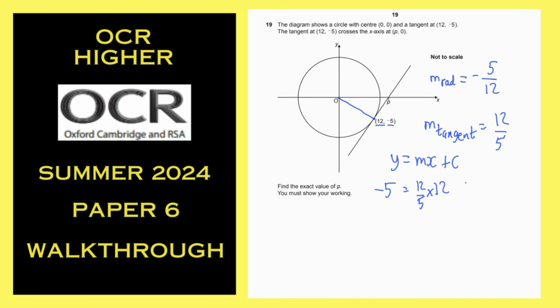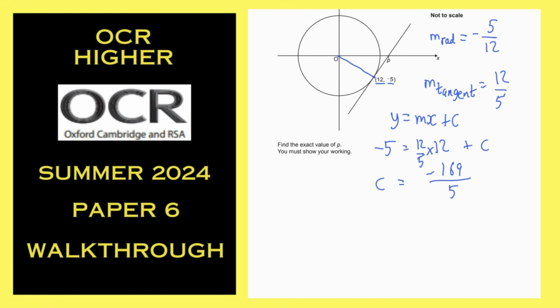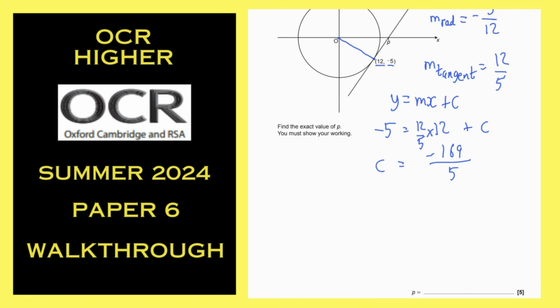They're multiplied, and now you reach for your calculator, because c is going to be negative 5, take away 144/5. You get the horrible looking but correct negative 169/5. That means you've got the equation y equals mx plus c. You know the m and you know the c.